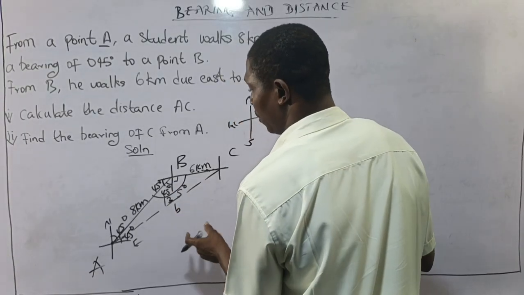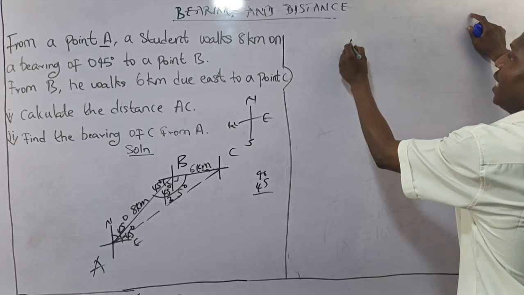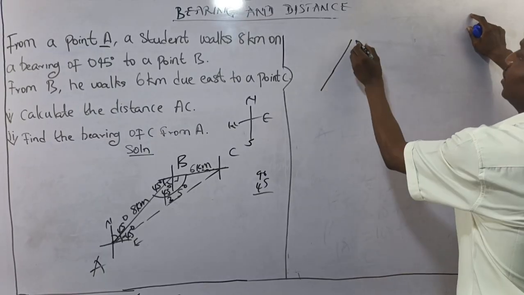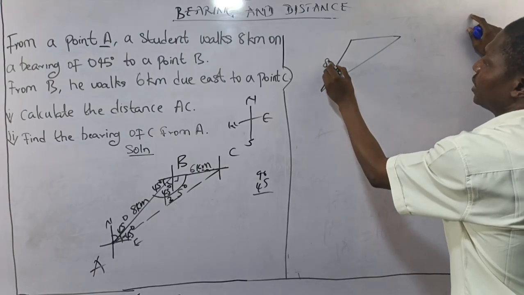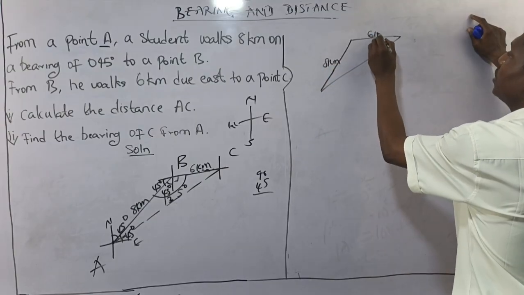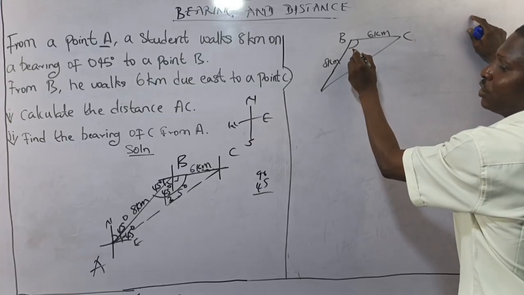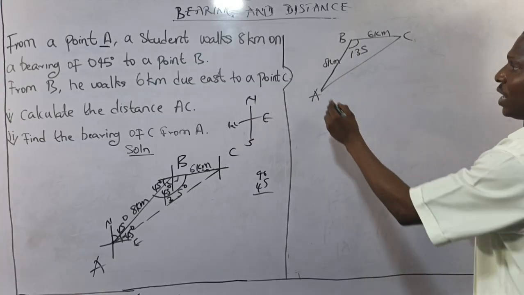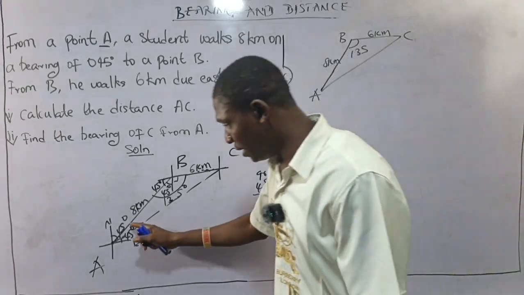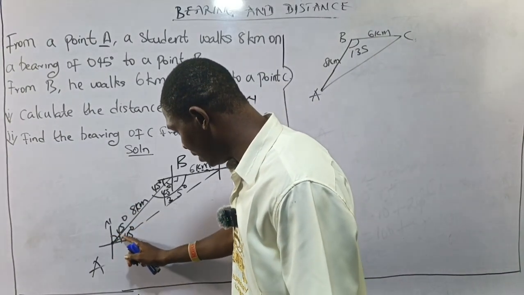And I can take my AC to be small letter b. Remember, I can redraw this triangle if I choose to. This is 8 kilometers, 6 kilometers. This is my B, this is my C, this is my 135 degrees, and this is my A. I don't know angle A yet, because angle A is between this and this.